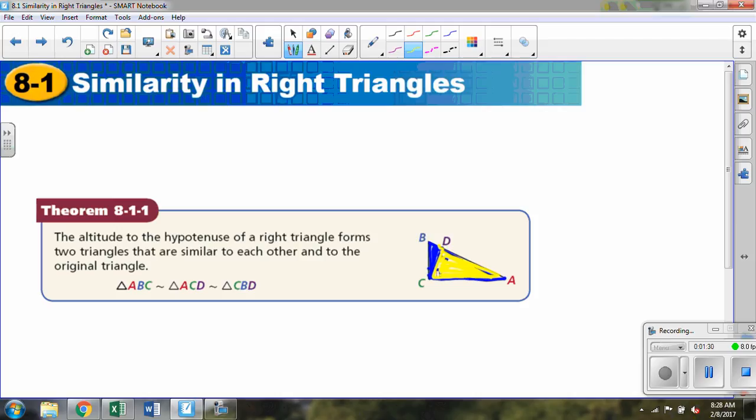We have three similar triangles. And in every instance, because they are all similar, we know that we can set up proportions based on the matching parts. That's what our focus is on today. Recognizing the matching parts for these three different similar triangles and knowing how to set up the proportions and solve them. That's it.